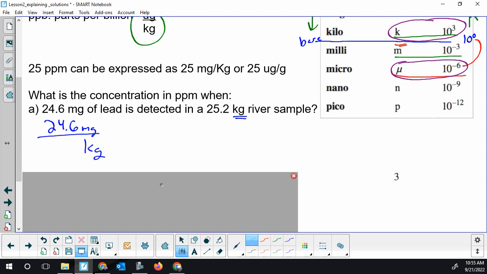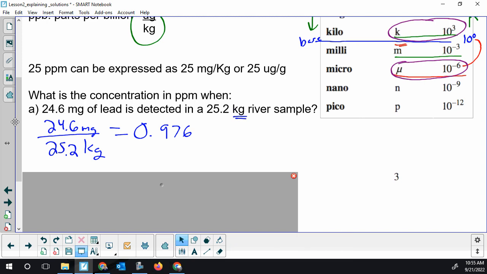But don't just divide the two numbers without thinking of your units first. There is no times 100. You take your numbers, you divide them, they both have 3 sig figs, so I'm going to report 3 sig figs, 9.76.